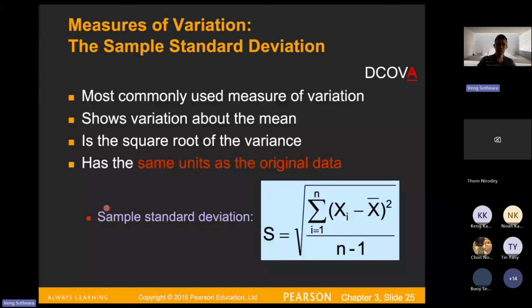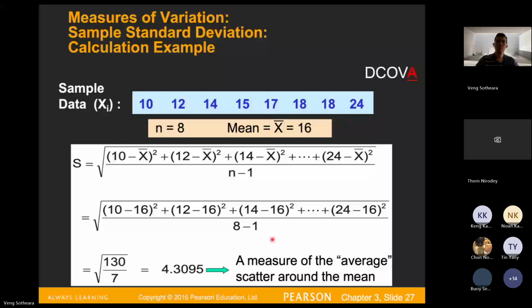That's why we attach the word sample here. So it's called the sample standard deviation, and its notation is S. So this is one example of the standard deviation.